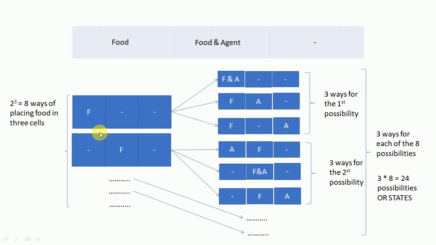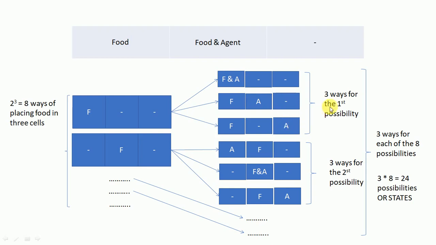Now if we bring the agent into the picture, so if we consider one possibility of food being placed in cells, there are 3 possibilities that the agent can find himself in. The agent can be in the first cell, in the second cell, or in the third cell.